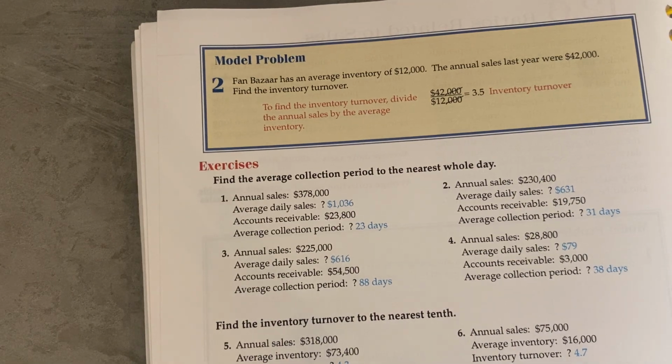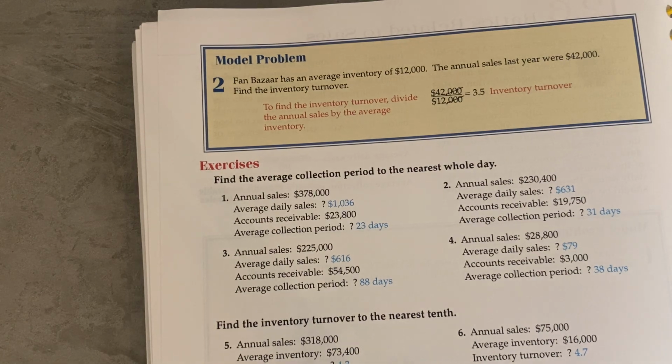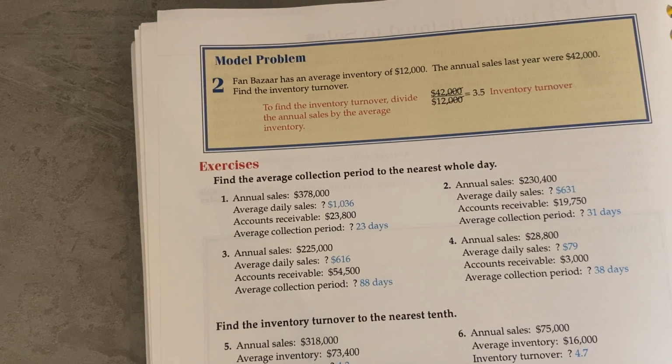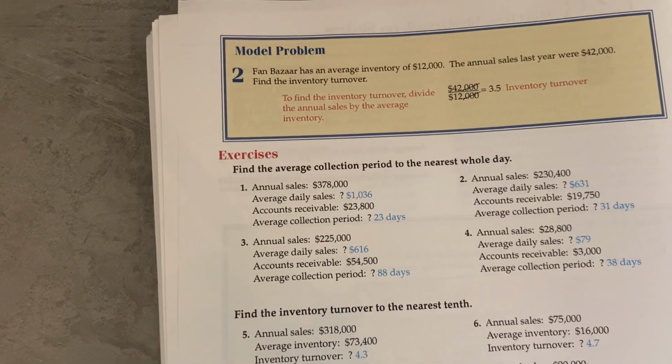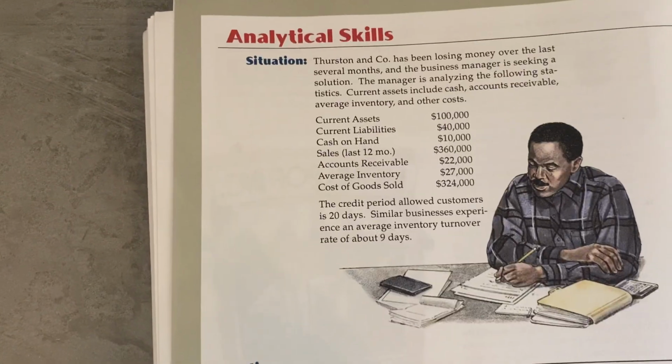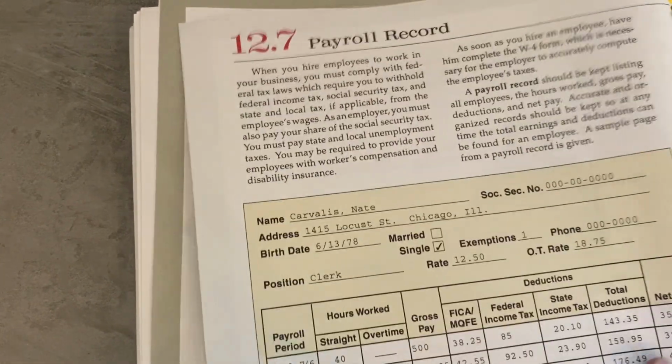It's telling you if your inventory is selling. A 3.5 is good, which means it is selling. So you have annual sales last year of 42,000 and an average inventory of 12,000, giving a 3.5 inventory turnover. You just have to go by the ratios, yeah? So let's go on.